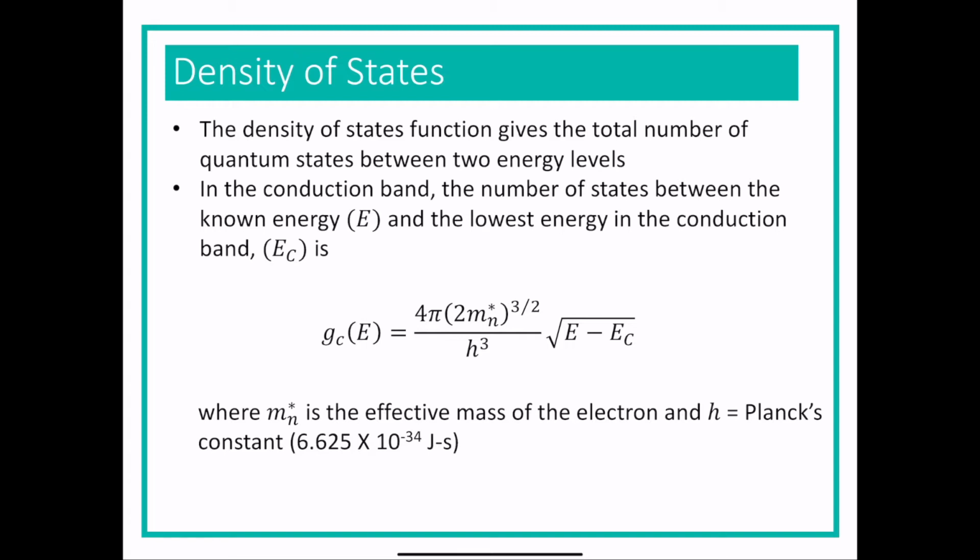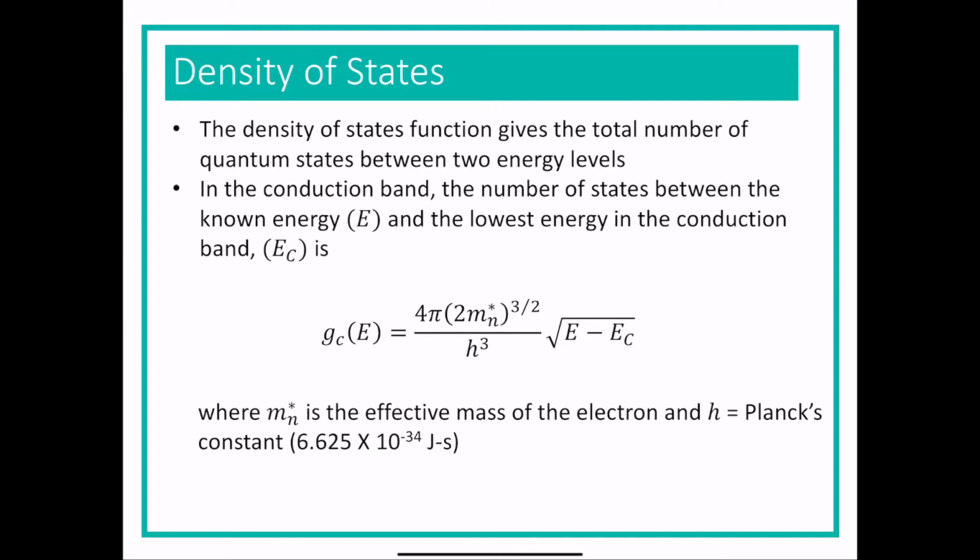Note that all of these are constants except E and EC. But we don't know what EC is, so usually we just determine the difference between the two. We never actually know the value of the conduction energy, and we don't know the value of the energy, but we know how far we are from that.